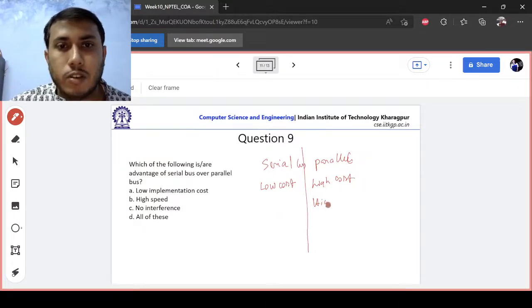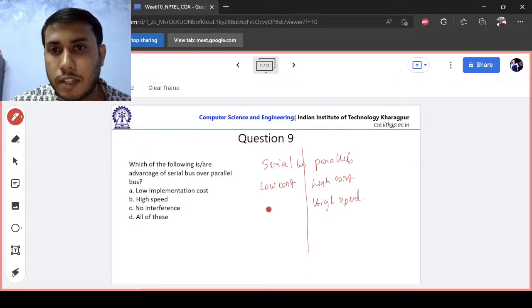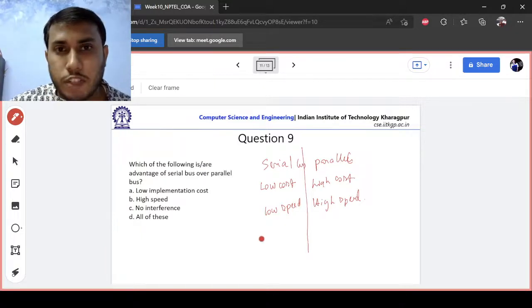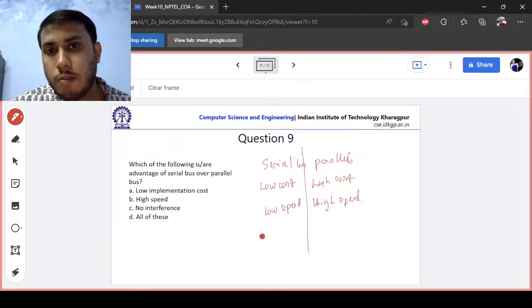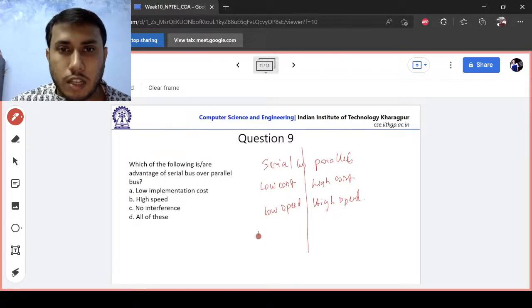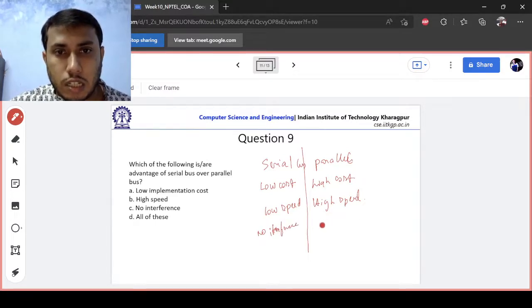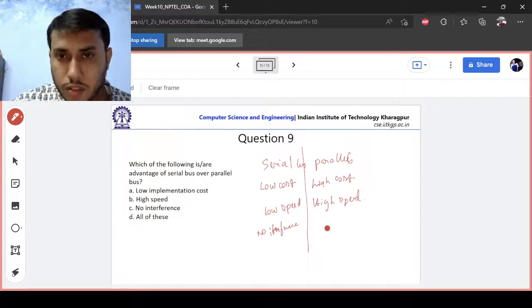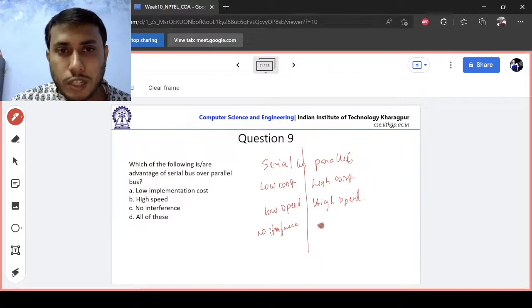Parallel is high speed because you can directly transfer data from the device connected to the bus, whereas serial is low speed because each device has to be asked whether data has to be transferred or not. Next, serial bus does not require any interference. That is also no interference in this case.